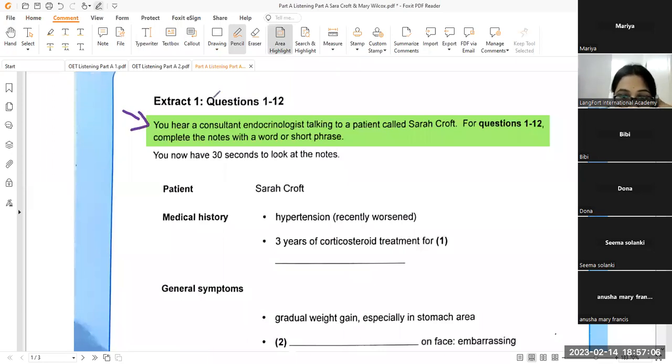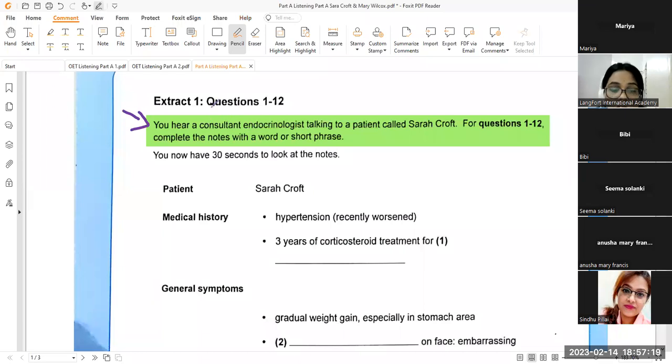Yes, ma'am. You hear a consultant endocrinologist talking to a patient called Sarah Croft. For questions 1 to 12, complete the notes with the words or short phrase. Okay. So today's consultation is with an endocrinologist and a patient called Sarah Croft. So let's do one thing. Let's look at the structure. I want all of you to read the bold headings over here, as they appear on the screen. I have highlighted them.